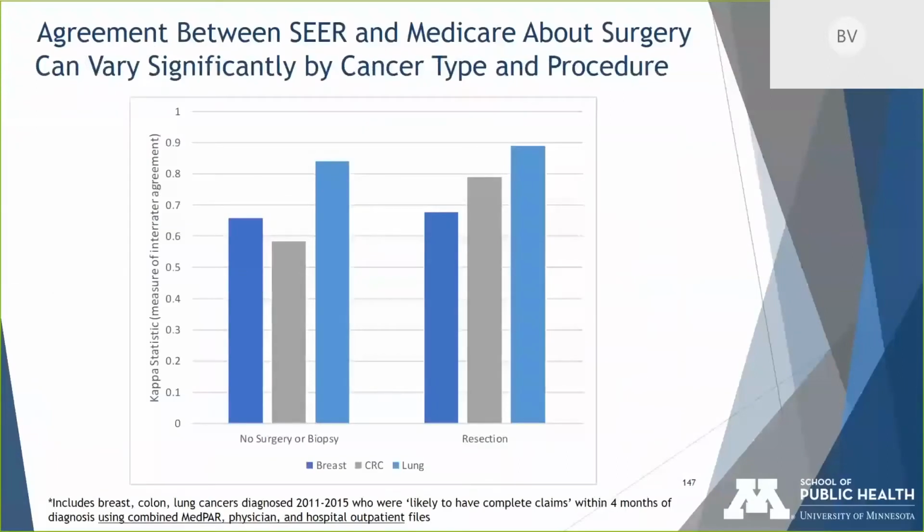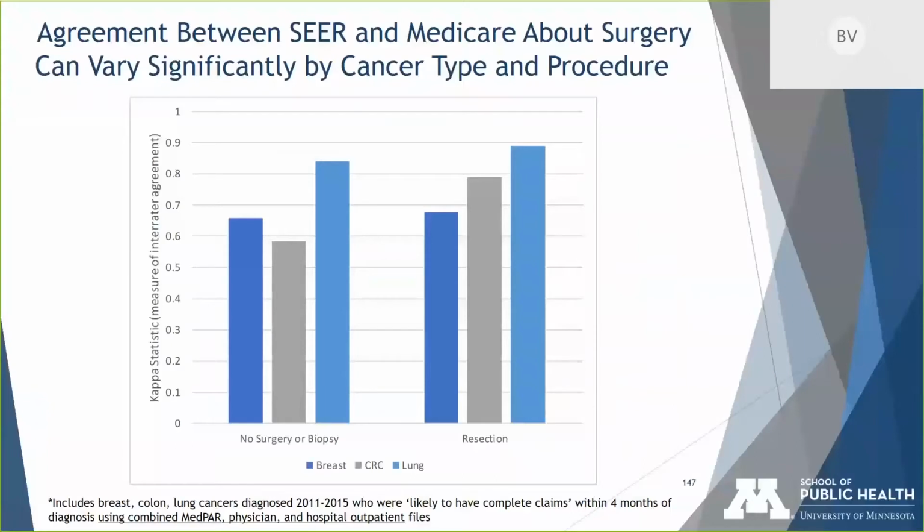Okay, so now that we've covered what's available and how you can identify surgery within SEER and Medicare, let's take a look at the agreement between the two data sources. So we pulled together a cohort of some of the most common cancers. We took those who were diagnosed with breast, colon, and lung cancer within the 5 most recent years of the SEER Medicare data, who were likely to have complete claims.